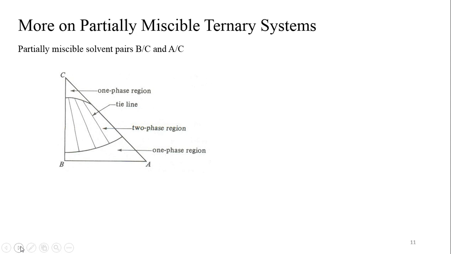There's miscibility between B and C and A and C. What these partial miscibilities give us is two areas within our phase diagram where we have a single phase region, and then another region where we have a two-phase system. Again, this has to be data collected for whatever system you're working with, and some of that's out there. You can find this for various systems by searching through the literature.